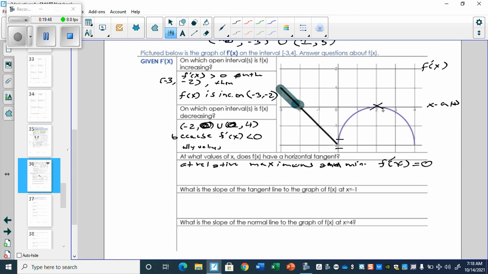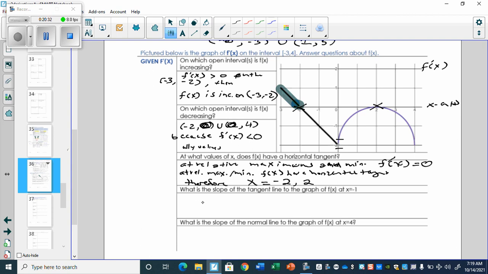So it has a derivative 0 right here, and it has a 0 right here. And at relative maximums and minimums, f of x has a horizontal tangent. Just the facts. So these are my justifications. Therefore, x equals -2 and x equals 2 would be the places where I would have a horizontal tangent.